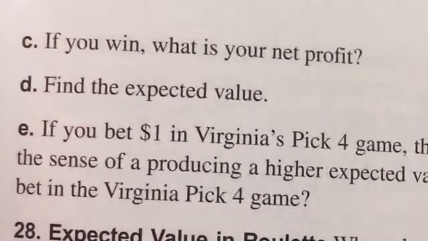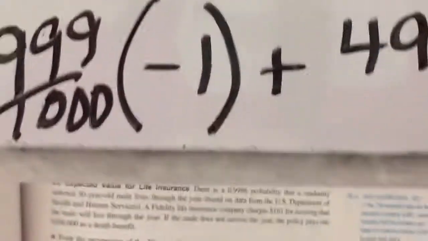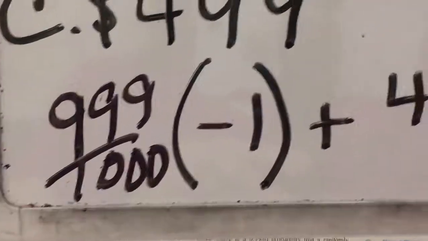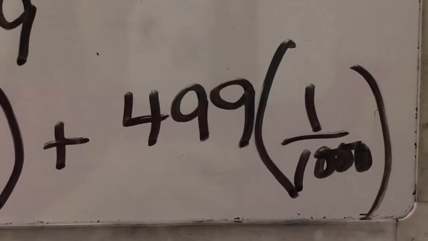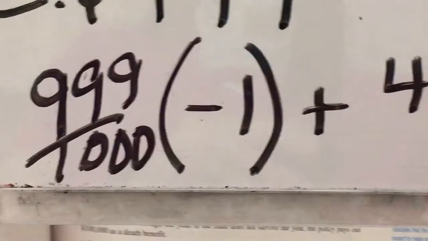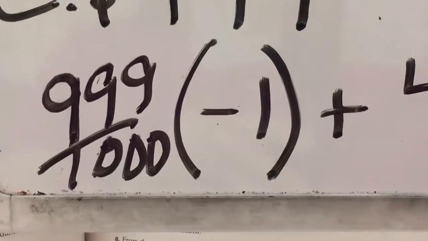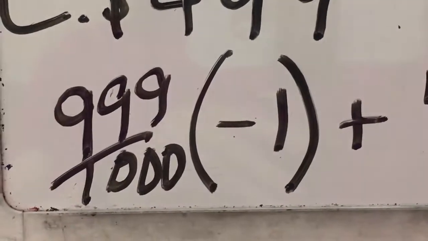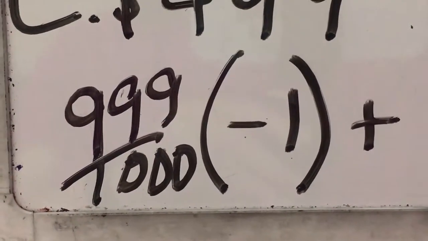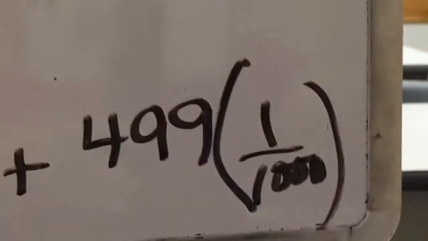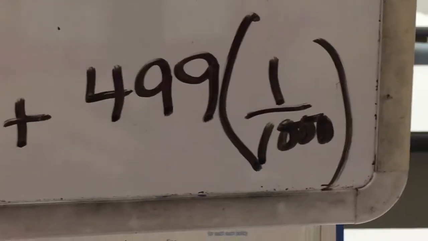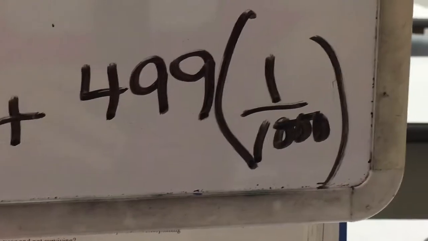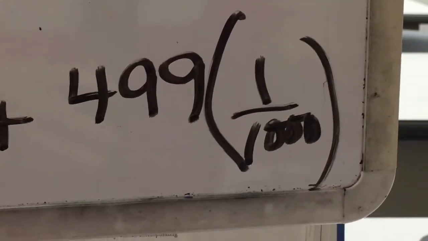And when we calculate that, here's our equation down here. Since we have 1 out of 1,000 chances to win, we have 999 out of 1,000 chances to lose $1. So we multiply the 999 divided by 1,000 times the -1, and we add that to the 499, which is what we would win, times the 1 over 1,000.